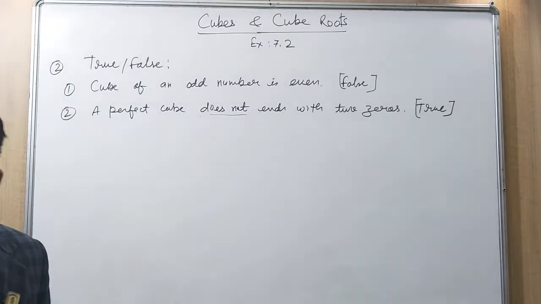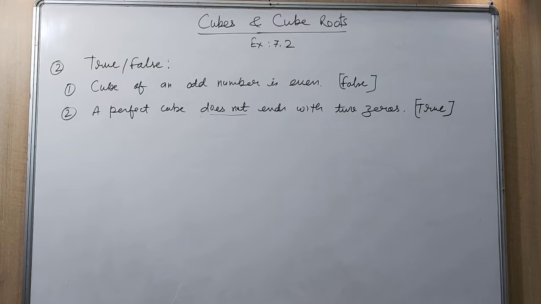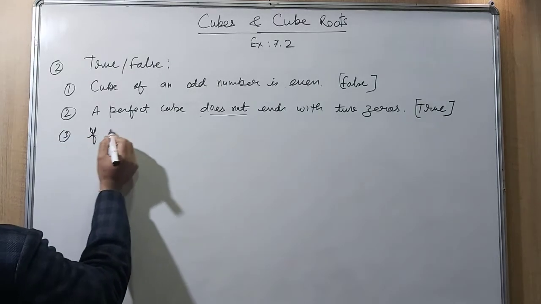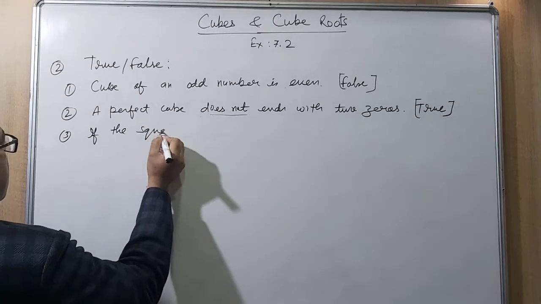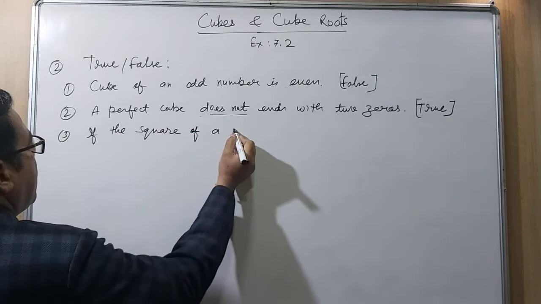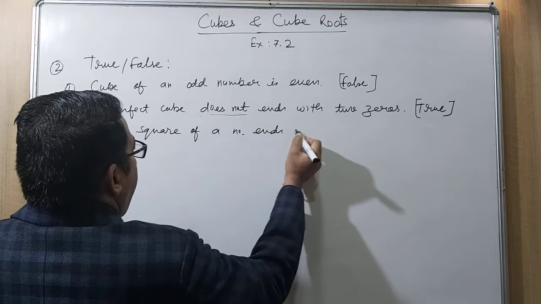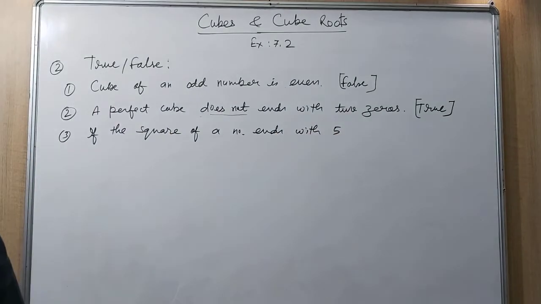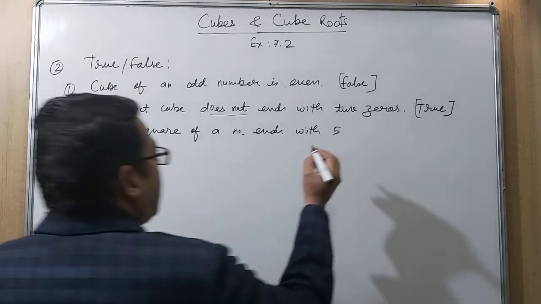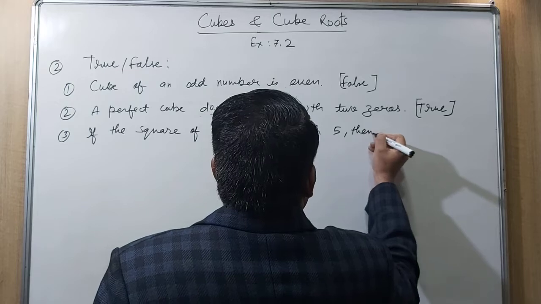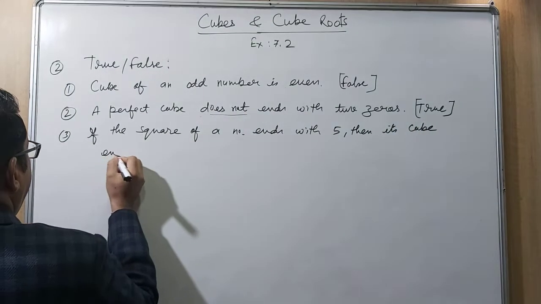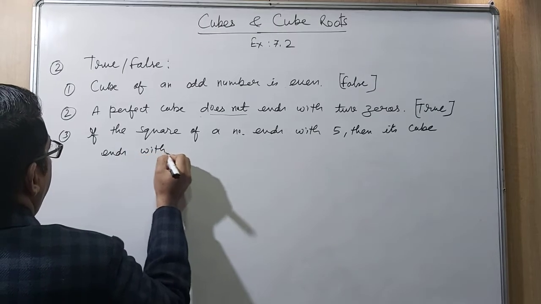Now part number 3. If the square of a number ends with 5, then its cube ends with 25.